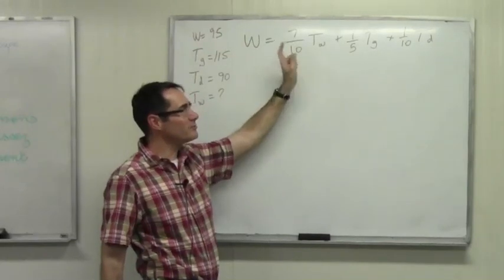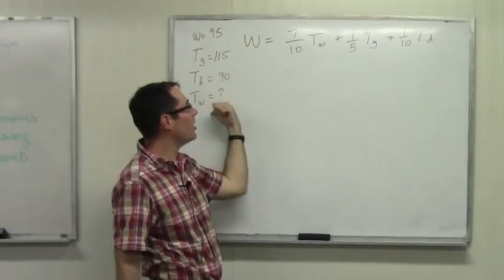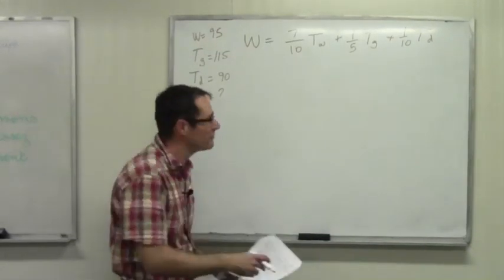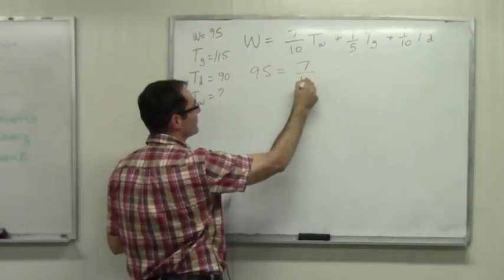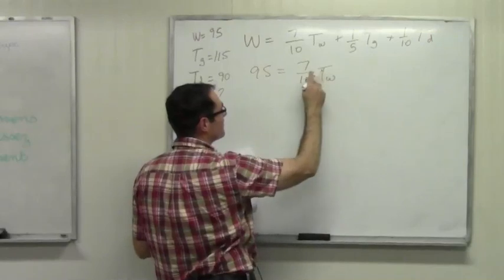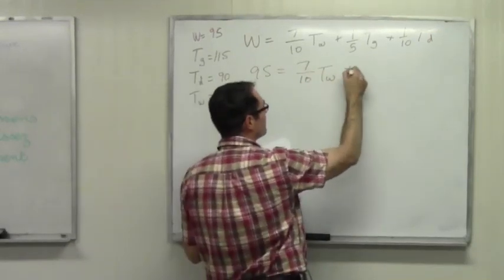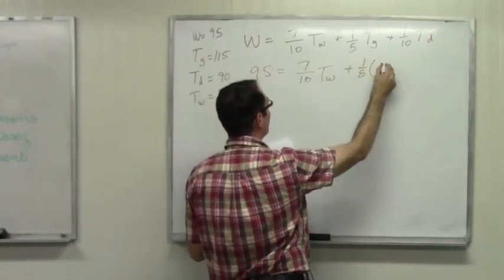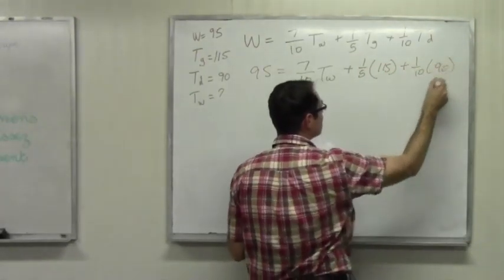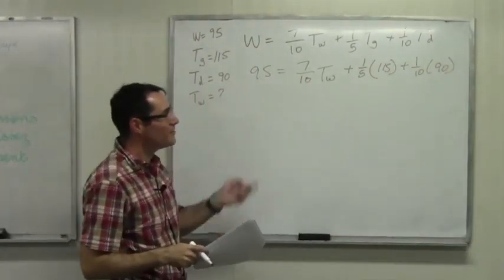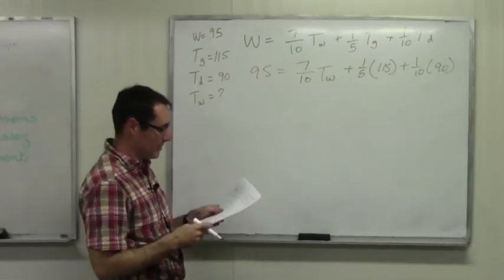You could either do the algebra first, or you could just plug in what you know to get rid of some of this stuff. So it's going to be 95 equals, we've got to leave this one because we don't know this yet, 7/10 TW plus 1/5 of 115 plus 1/10 of 90. Then you can start simplifying with the actual numbers.